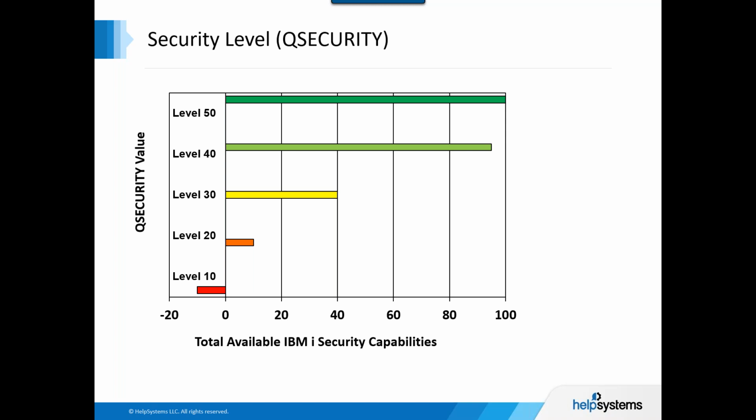There are still a number of systems that are not at 40 or 50. If you need to move from a lower security level to a higher security level, you can read the Security Reference Manual, Chapter 2. We also can help you with that as a services engagement.